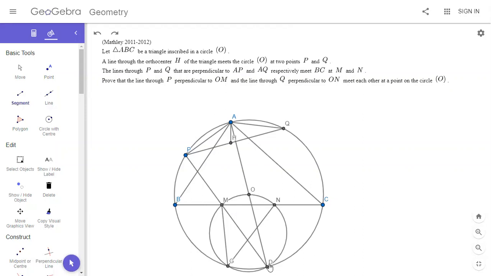So yeah, angle MOG is equal to angle MOD.